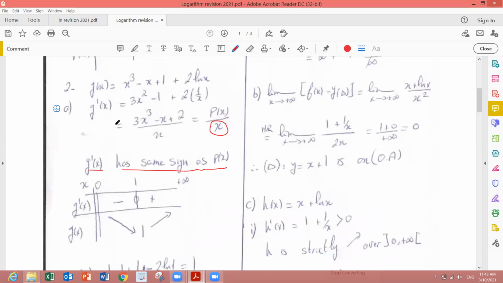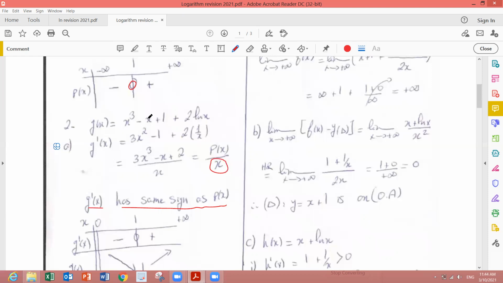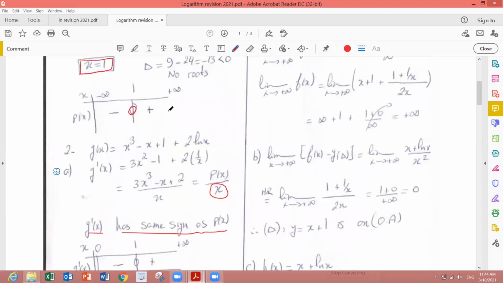So I will repeat this step. G prime x equals p x over x. So G prime x has the same sign as p x since x is positive. From the above table, p x is positive if x is greater than 1.